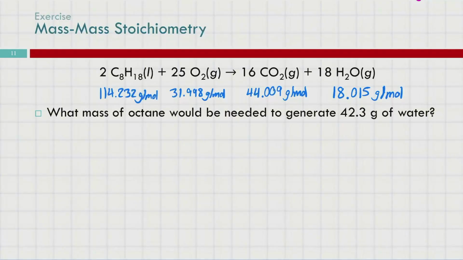Okay, so the thing that we are given is the one with the number, 42.3 grams of water. Let's underline water in our problem. That's our H2O. And we are looking for a mass of octane, octane being the C8H18.